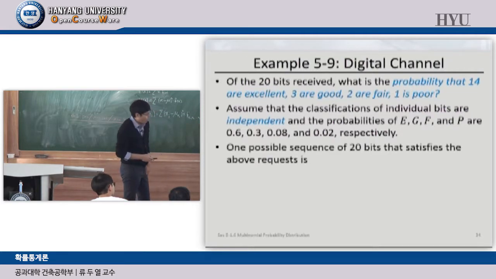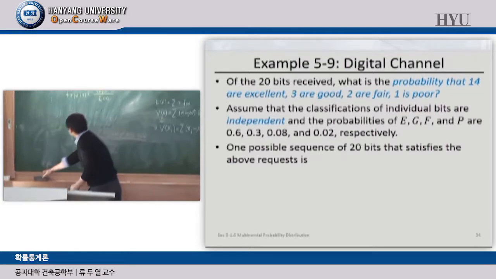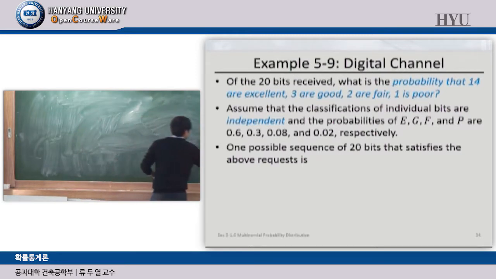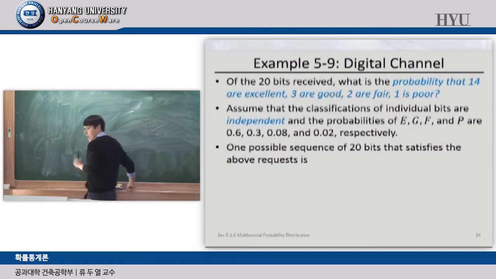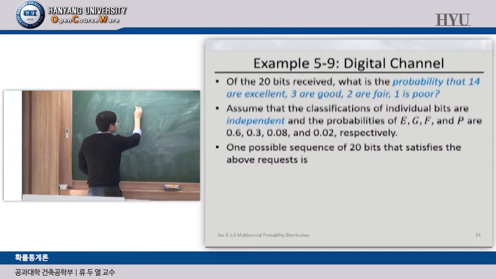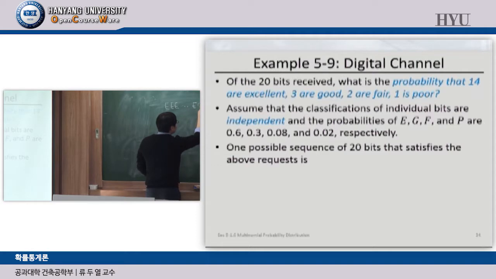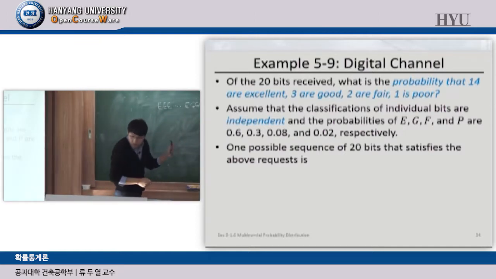One possible sequence of 20 bits that satisfies the request is excellent, excellent, and so on, then good, good, then fair, fair, and poor. This is one typical sequence of 20 bits that satisfies this requirement.